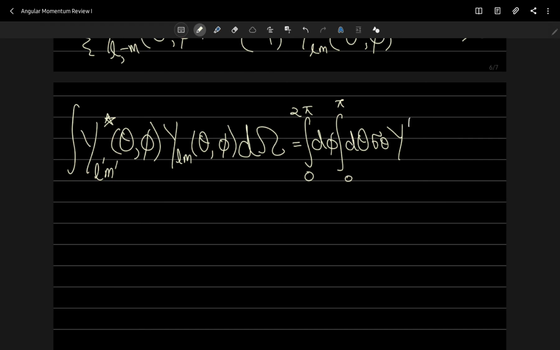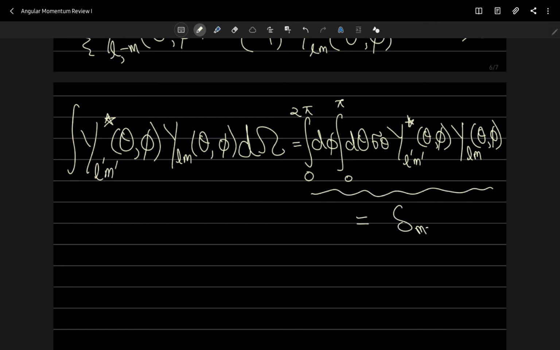And all of this integral is simply equal to delta M M prime times delta L L prime.